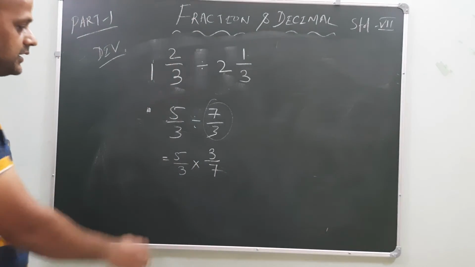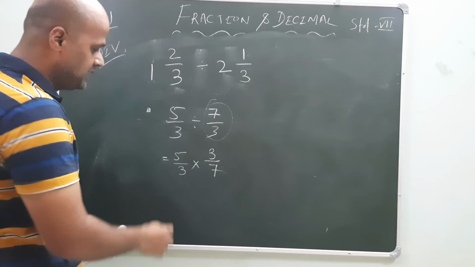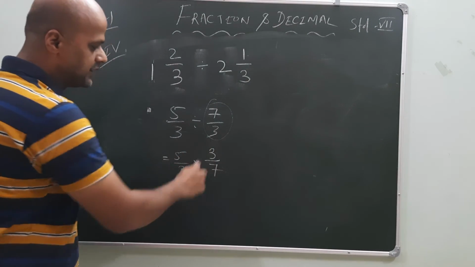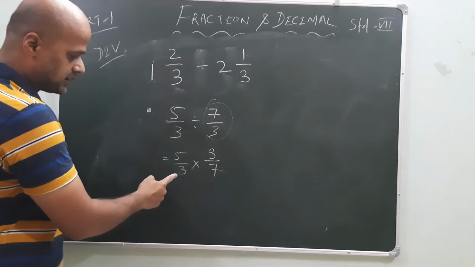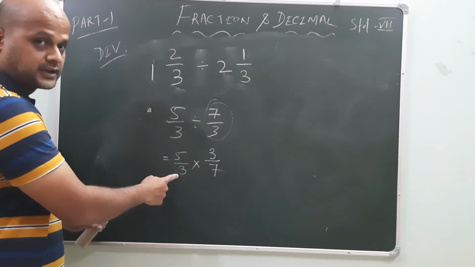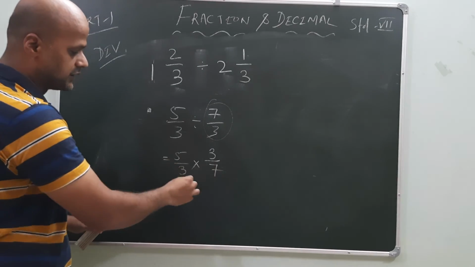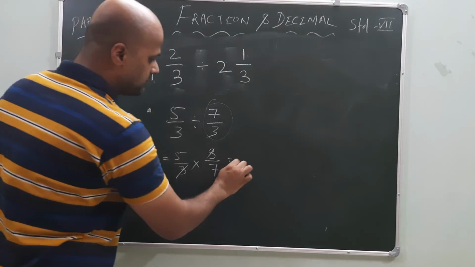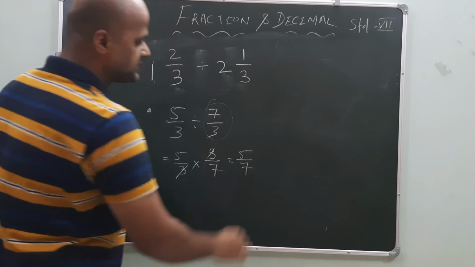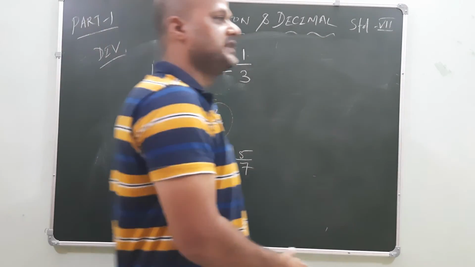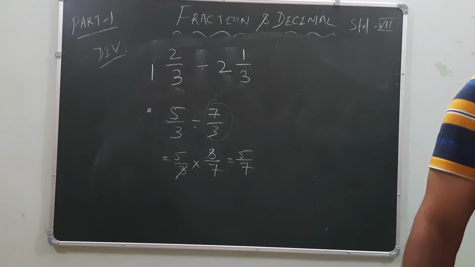Now another thing is also there: the first fraction's denominator is equal to the second fraction's numerator. So 3 by 3 is cancelled. How much? 5 by 7 is the answer. Understood? So these are some problems regarding fractions.